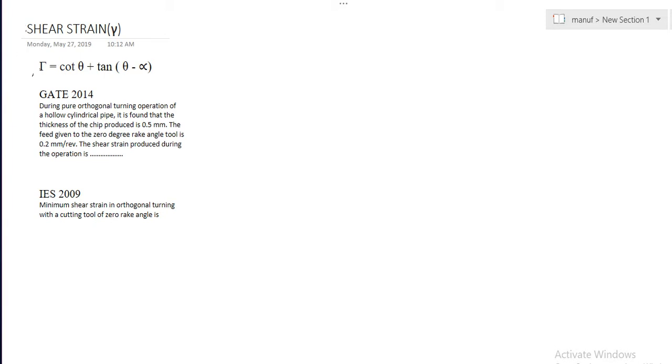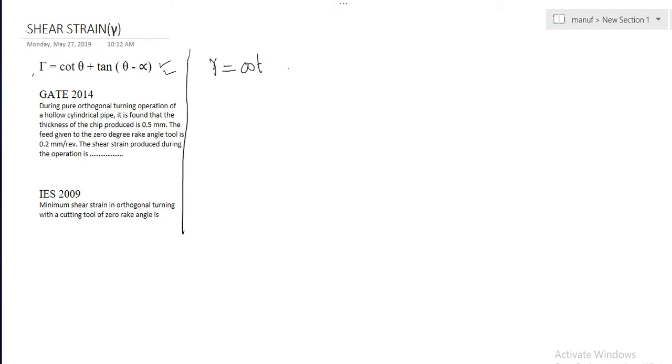So here two questions are there that are asked based on this formula. We don't need to write this formula because it is not required, and it is of no use from the examination point of view. So we are writing this formula directly: cos alpha upon 1 minus... tan theta minus alpha.